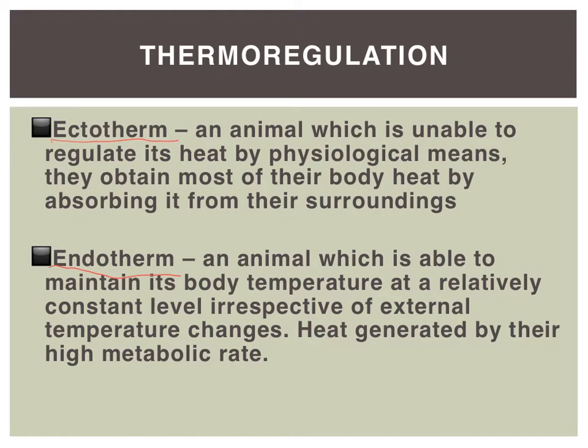And all birds and mammals are endotherms. And they have high metabolic rate, which generates most or all of their body's heat energy. We know that most enzymes work best at 35 to 40 degrees Celsius, and animals that can maintain their body temperature within this range possess an efficient and active metabolism.